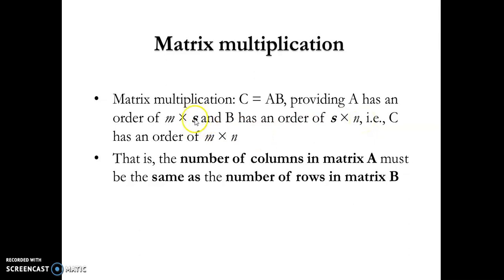The number of columns of A matches the number of rows of B. So columns, rows of those two respective matrices are the same. So therefore matrix C, which is given by the product of A and B, will have an order of M by N, which is the outer numbers. So once you determine the order, you will then be able to figure out what would be the new order of your matrix C.